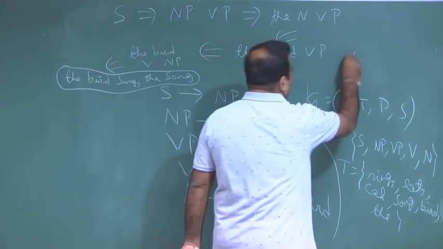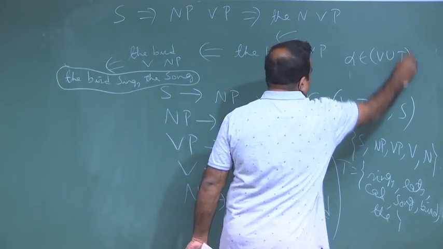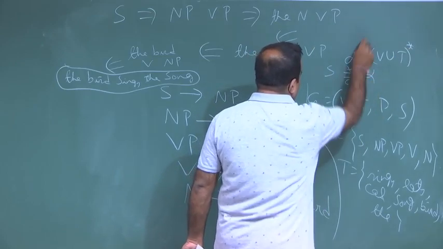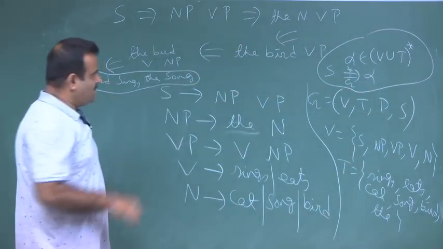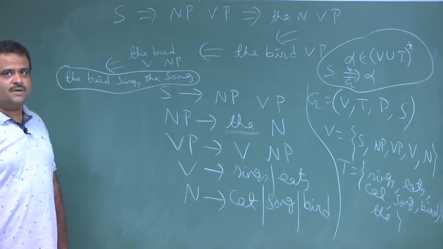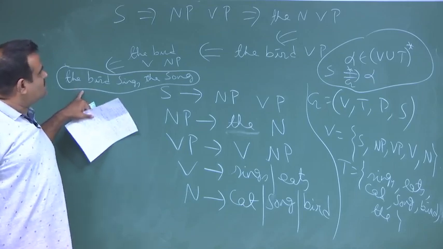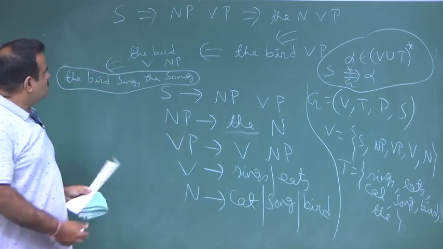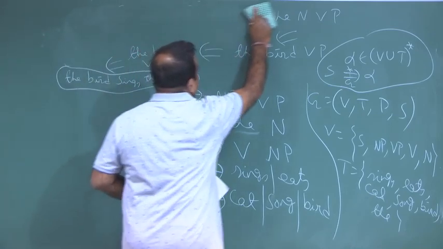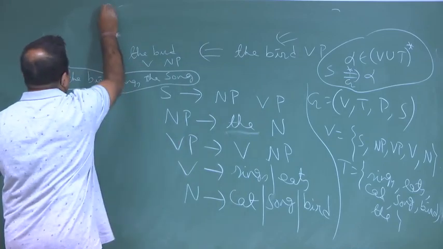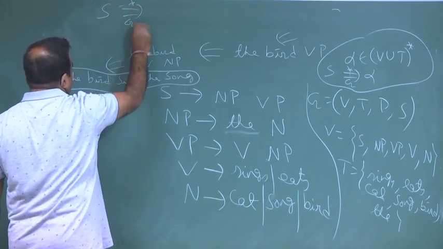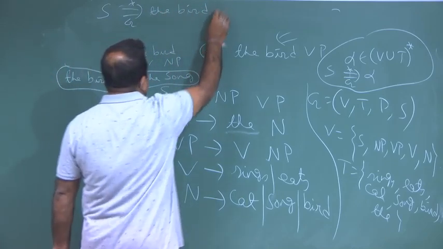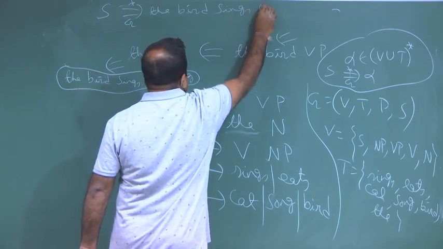Alpha is called a sentential, which is in (V ∪ Σ)*, if alpha is derived from S by the productions in G. So, this is a sentential, that means this is generated from this S. So, S is generating this: the bird sings the song.